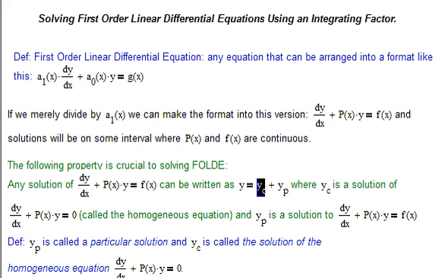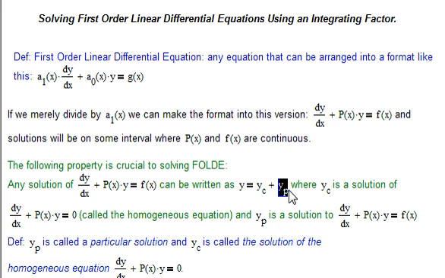But yc is the solution of what's called the homogeneous equation, with 0 on the right-hand side instead of f(x). So yc is the solution of that homogeneous equation, and yp is the solution to the equation with f(x) on the right-hand side.